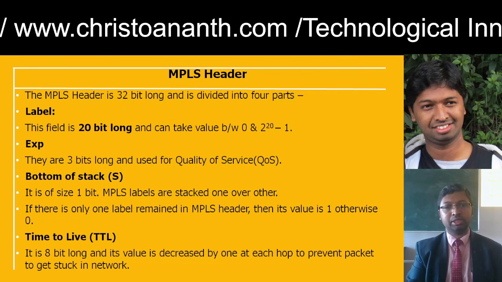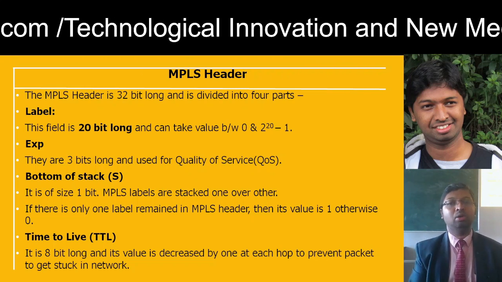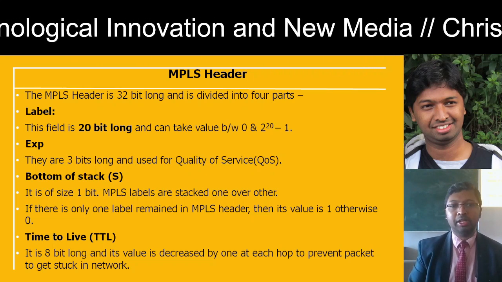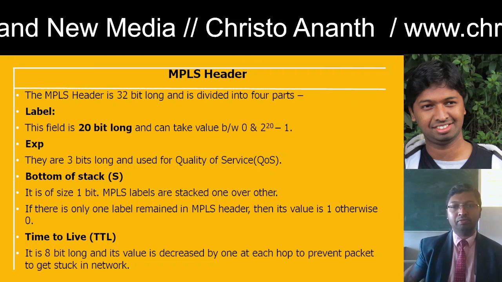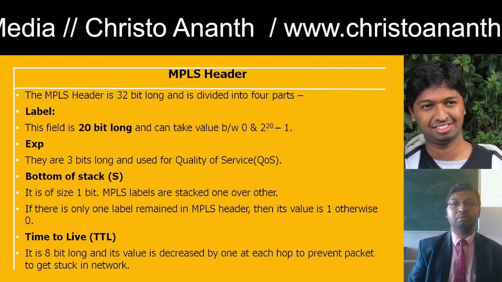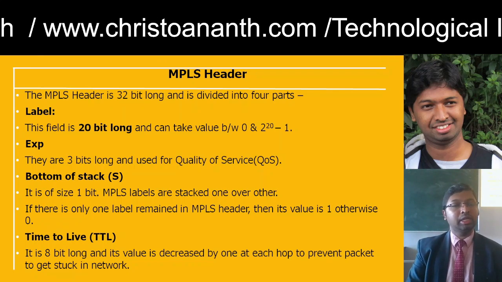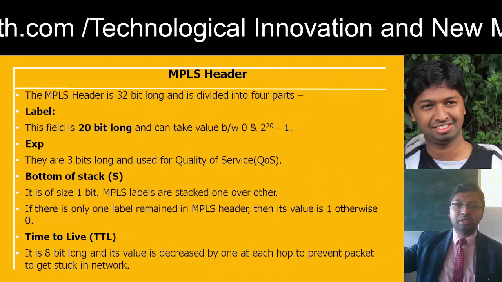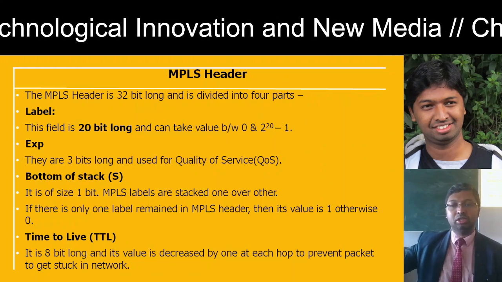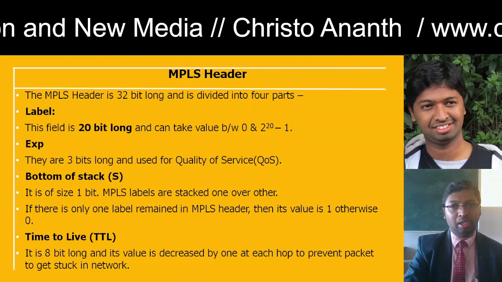Then you have bottom of stack, which is actually 1 bit in size, and MPLS labels are stacked one over the other. If only one label remains in the MPLS header, then that value is equal to 1, otherwise it will be 0, like a binary value. Okay. And then time to live is 8 bits long, and generally its value is decreased by 1 at each hop to prevent the packet from getting stuck in the network.